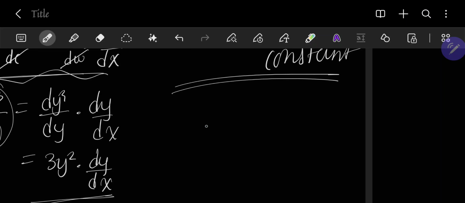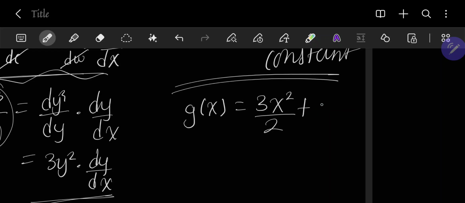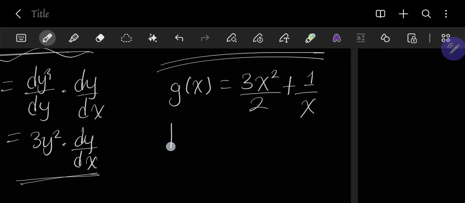Besides this, I'd also like you to try something like, let's say we have two functions, g(x), which is equal to 3x squared over 2 plus 1 over x, and the other one is h(x), which is equal to 7x squared.